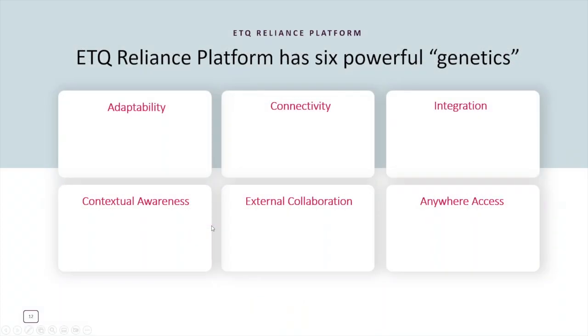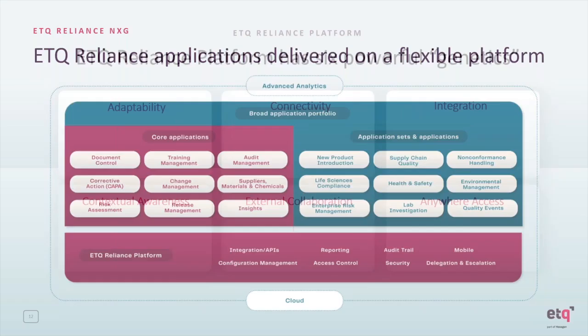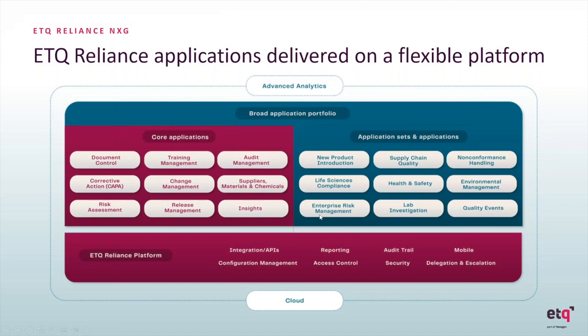So that's the system. And I just want to mention very quickly before I jump into the overview of the closed loop process that we'd like to discuss today. The system itself has these 6 platform genetics. They're really infused across all the applications, whether they're applications that are pre-configured. So as I mentioned, we pre-configure the system with these 42 applications, including in these application sets.